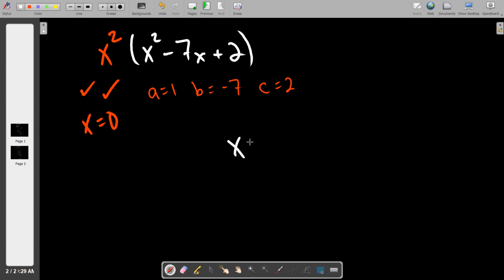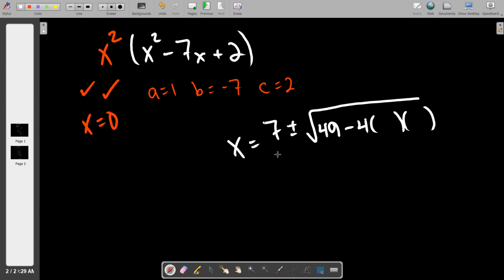All right, so x equals what? Plus or minus the square root of 49 minus 4 blank blank, all over, and in my blanks will go 1 and 2. Real or imaginary?